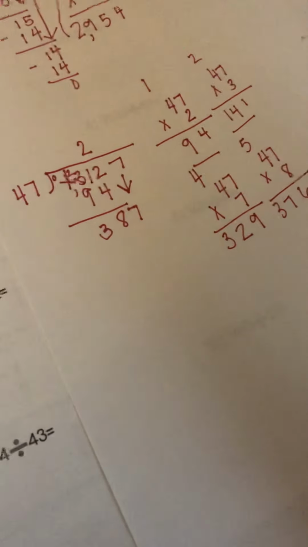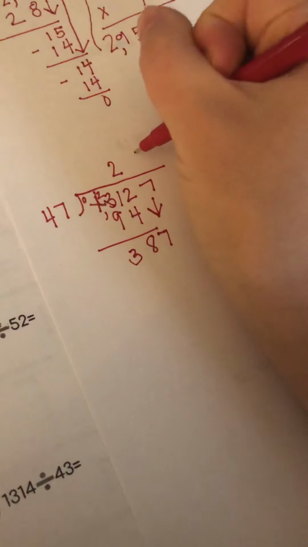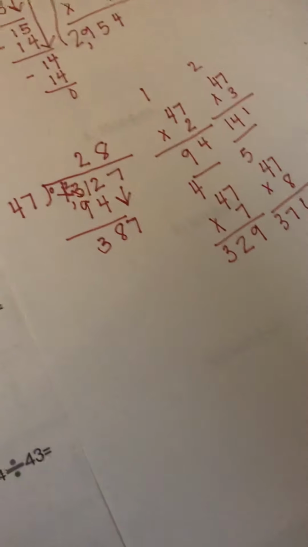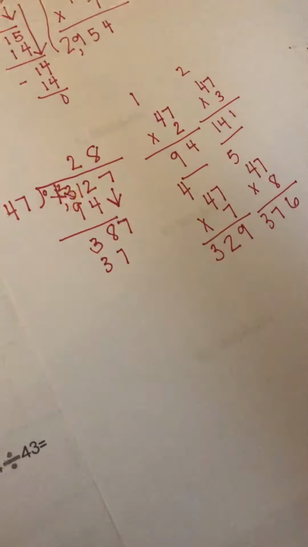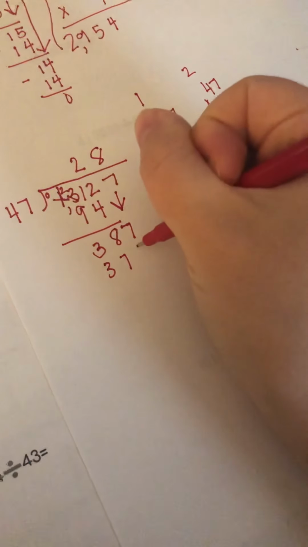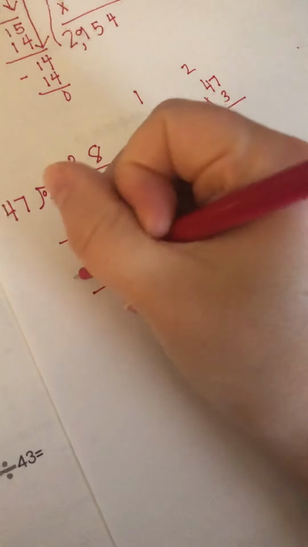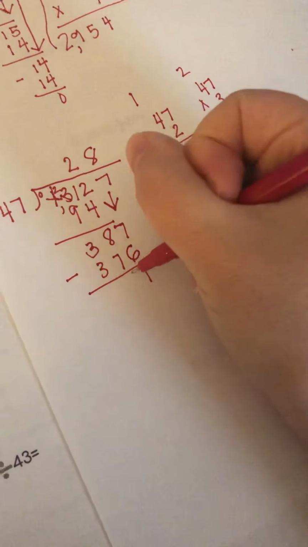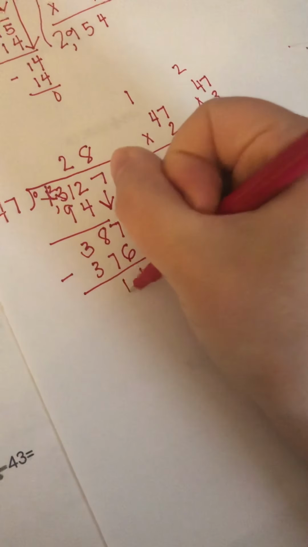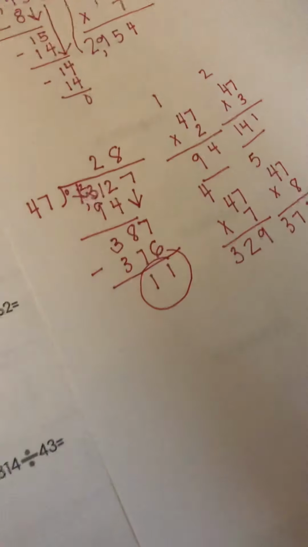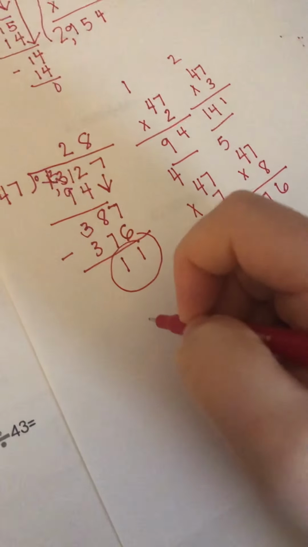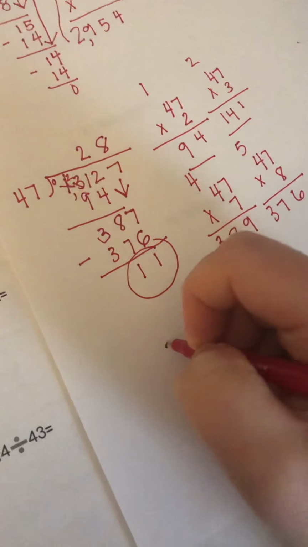So it looks like it will go in 8 times, and 8 times 47 is 376. Subtract, and that's your remainder.